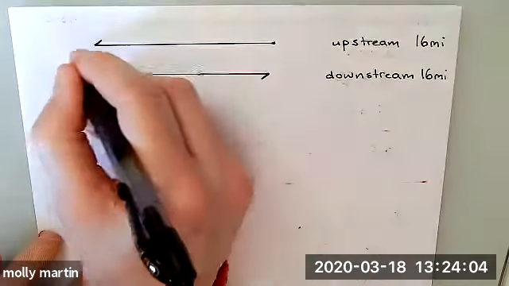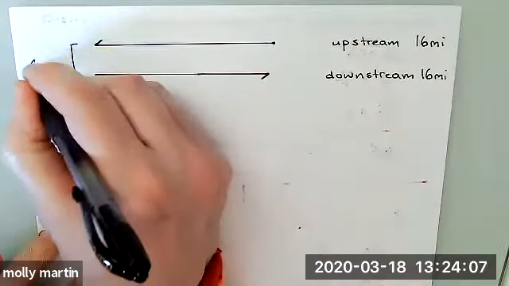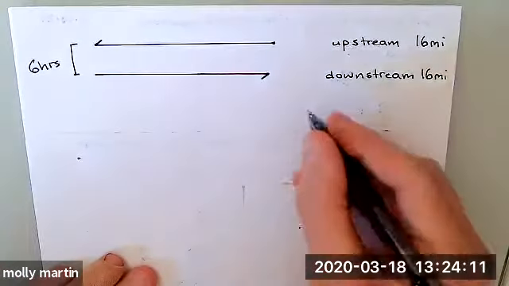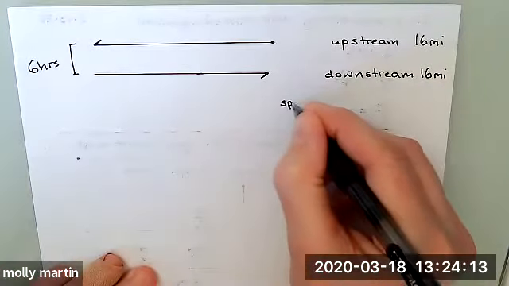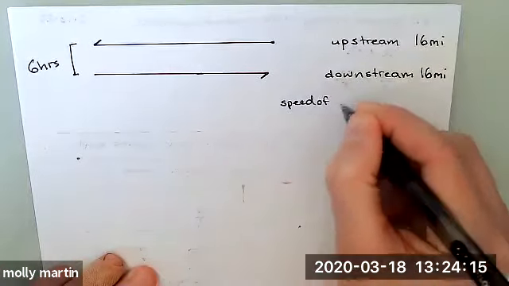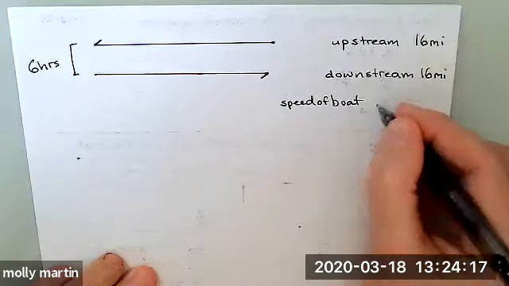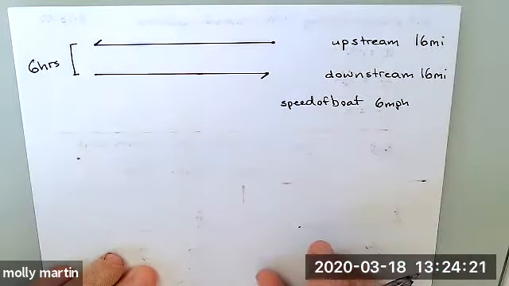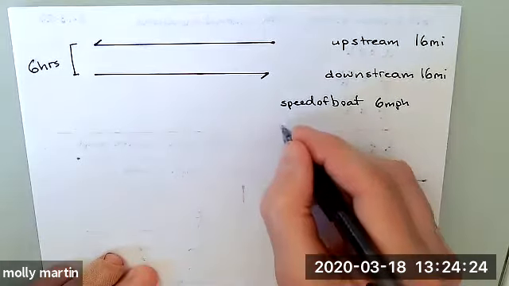Okay, the total trip took 6 hours, and the speed of the boat is 6 miles per hour. We're looking for the speed of the current.